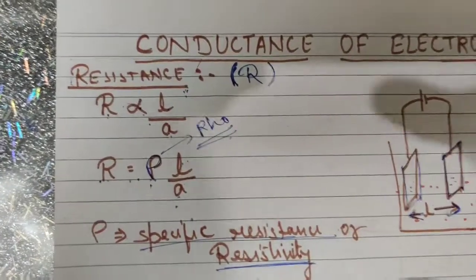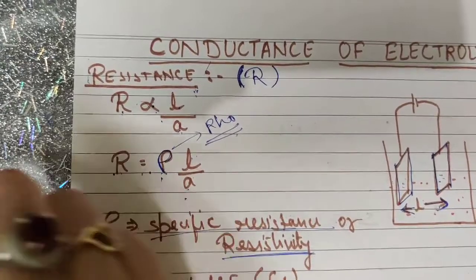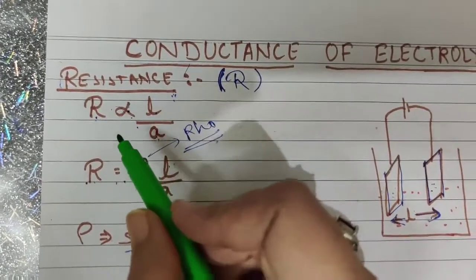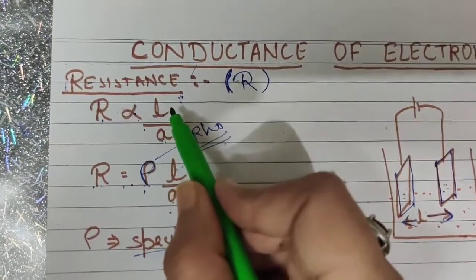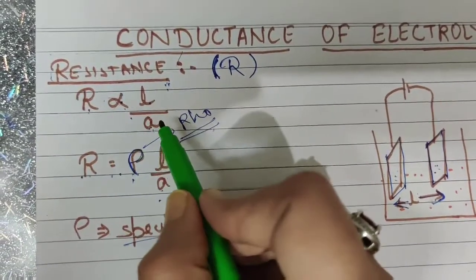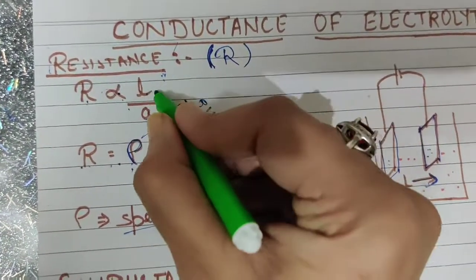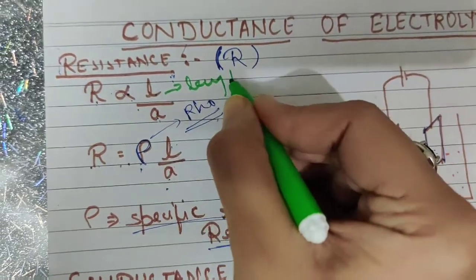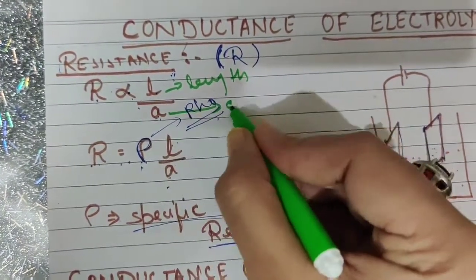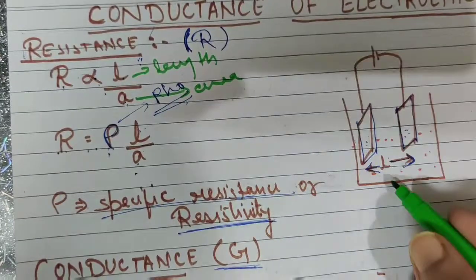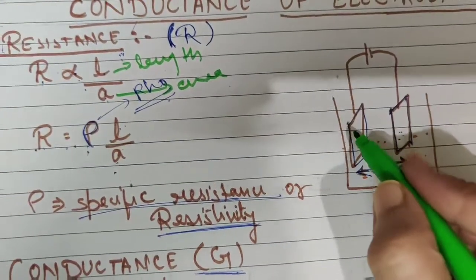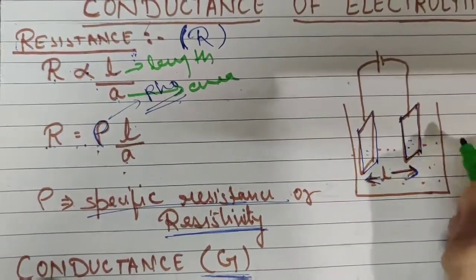This formula is also not a new formula to you. You must have done this in physics. Resistance is directly proportional to the length of the conductor and inversely proportional to the area of cross section. This L denotes the length and this A denotes the area of cross section. You can consider this in the case of an electrolytic solution.